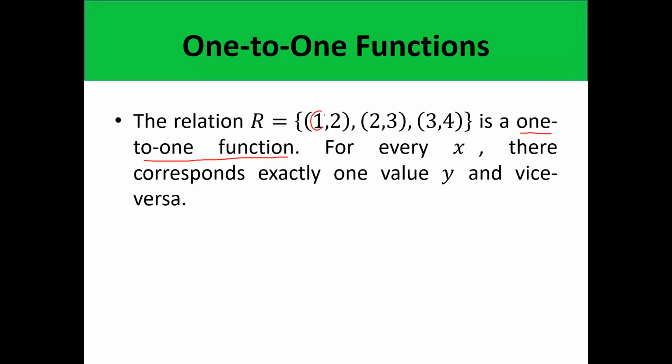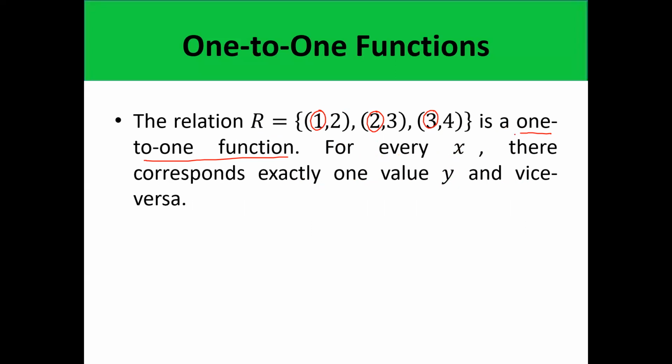It's a function because all the x coordinates are different, and the concept of a one-to-one function is defined in the following statement. For every x, there corresponds exactly one value of y, and vice versa. Which means that for every y, there should be exactly one value of x.